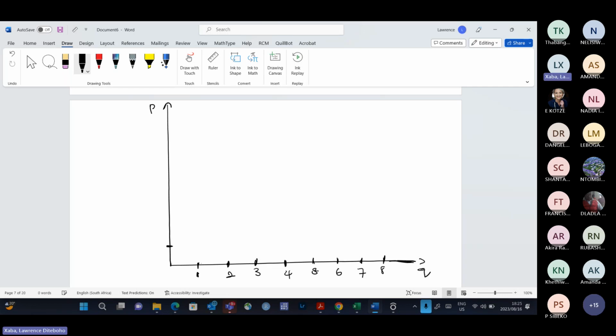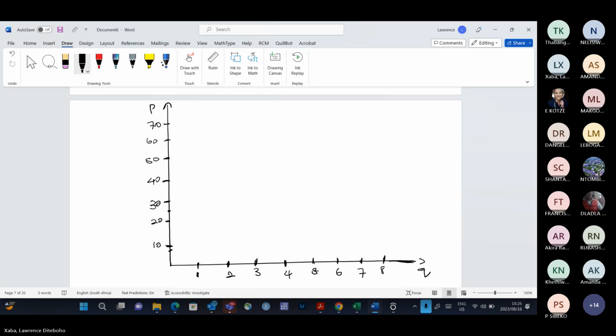On this side, let's have 10, 20. If you remember, we had two intercepts: the intercept of the first equation, which is 25, probably somewhere here, and the second one, which is 9, somewhere here.